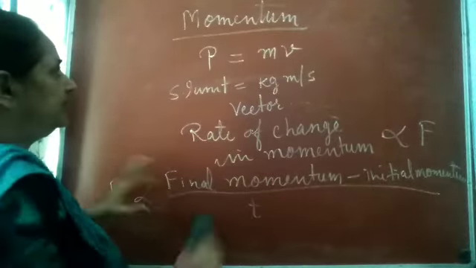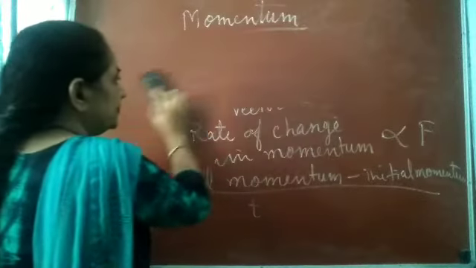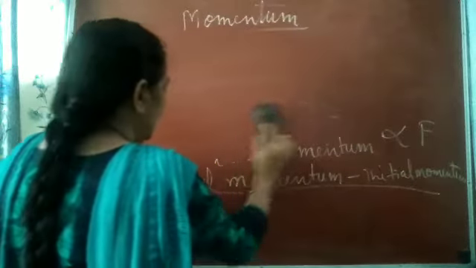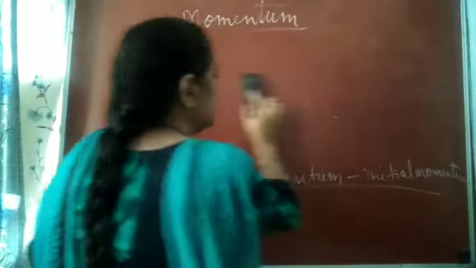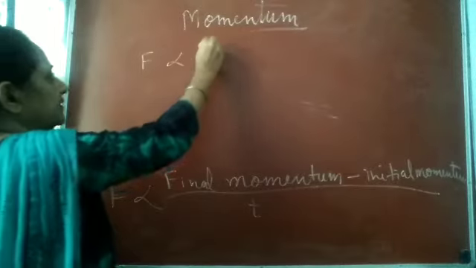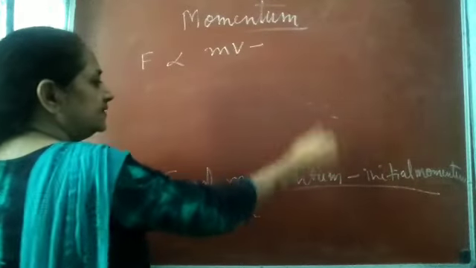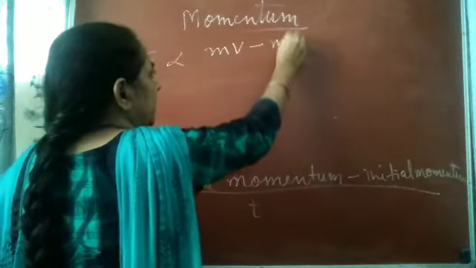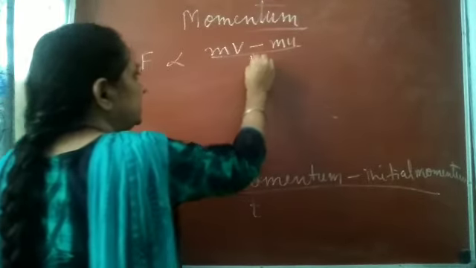Now the final momentum of the body is mv, minus the initial momentum mu, divided by t.